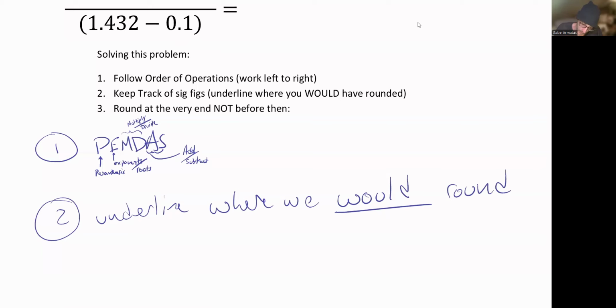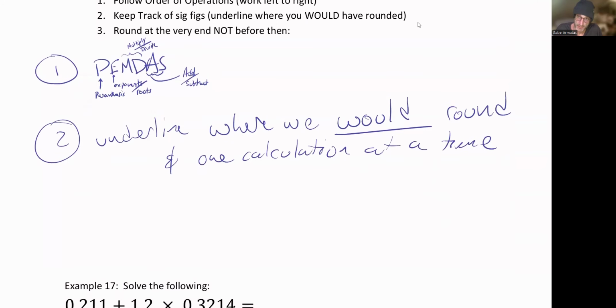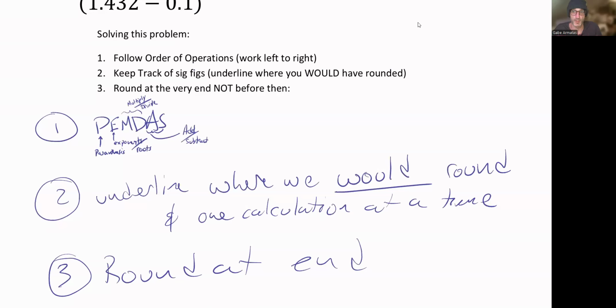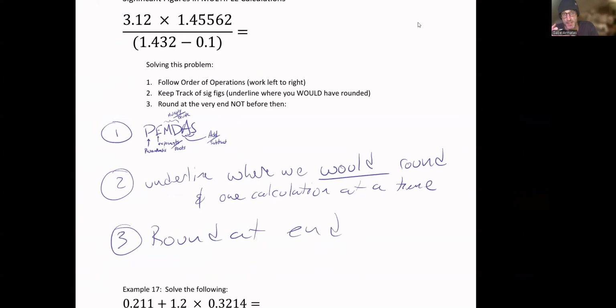So underline where we would round, one calculation at a time. And then finally, we are going to round at the end. Never round before. You're going to take everything from your calculator and you're going to round at the end. So we follow PEMDAS, we underline where we would round, keep track, one calculation at a time, and then round at the end.